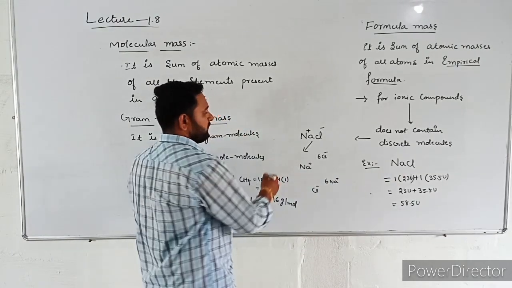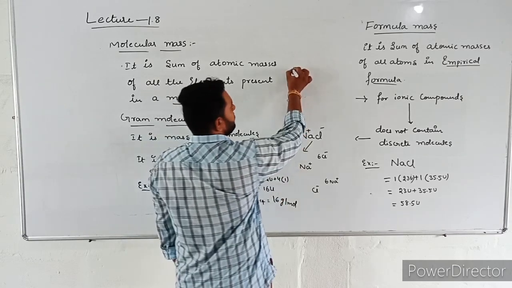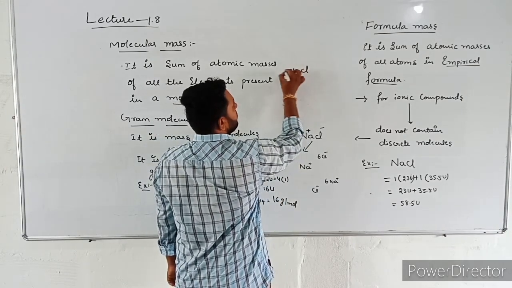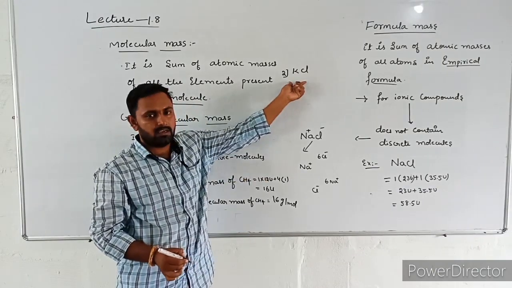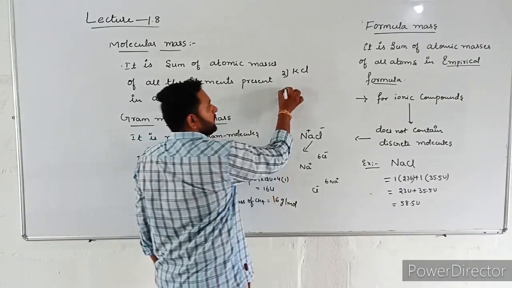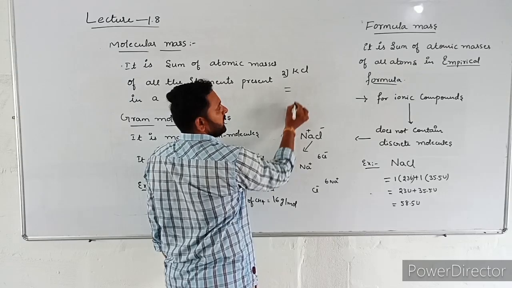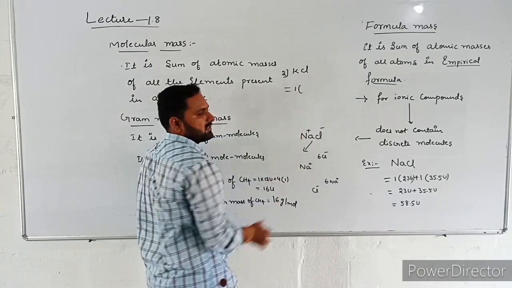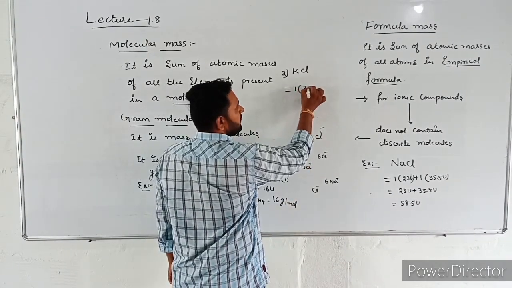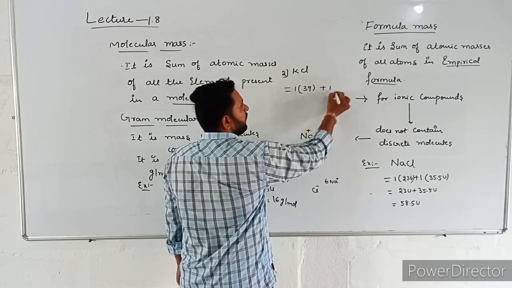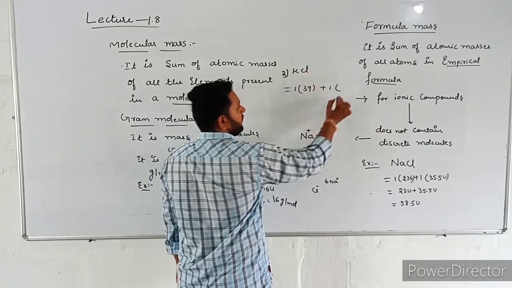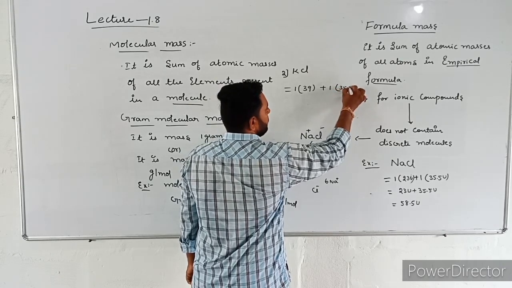Similarly, you calculate formula mass for KCl, potassium chloride. It is also an ionic compound. Now, how many potassium atoms are there? 1. What is the atomic mass of potassium? 39. Plus how many chlorine atoms are there? 1. What is the atomic mass of chlorine? 35.5.